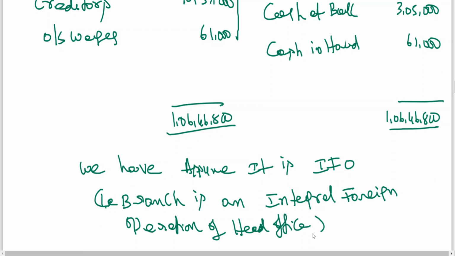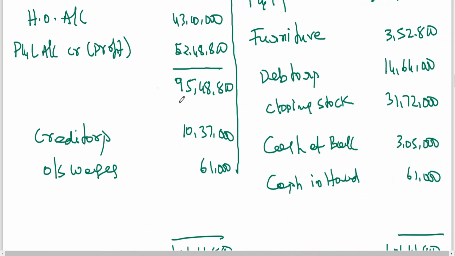We discussed in the last class. Unless otherwise given, we shall assume branch as an integral foreign operation of head office. Okay, so I hope you got the clarity. It's a lengthy one, but I think you need to work it out.